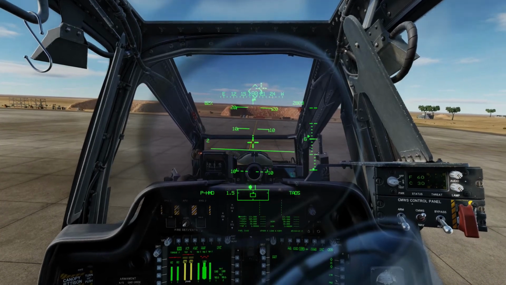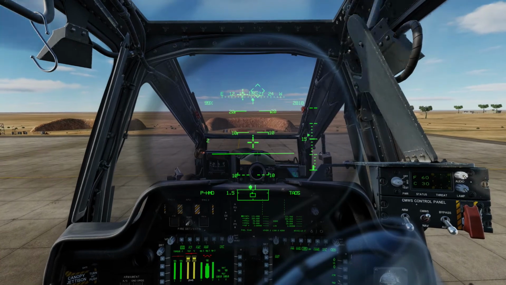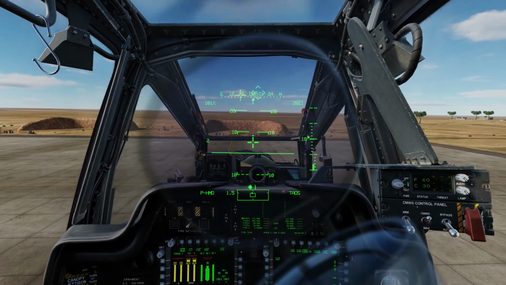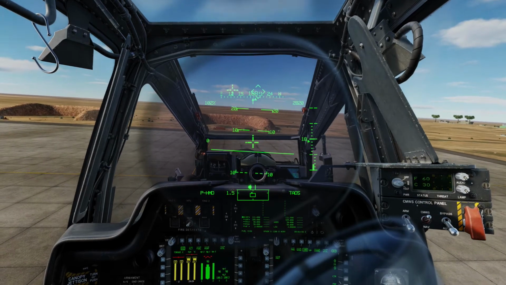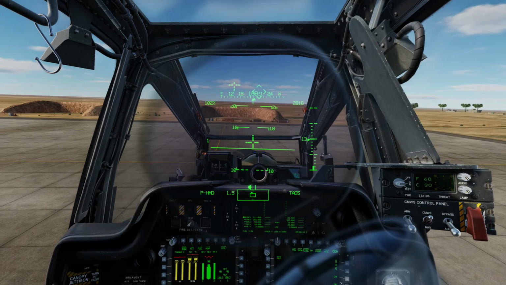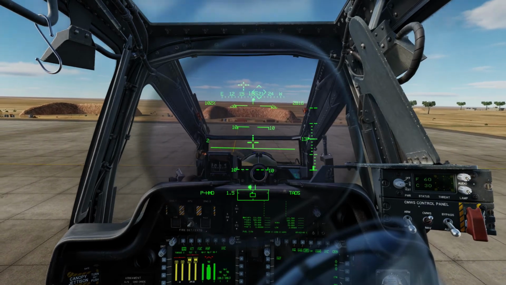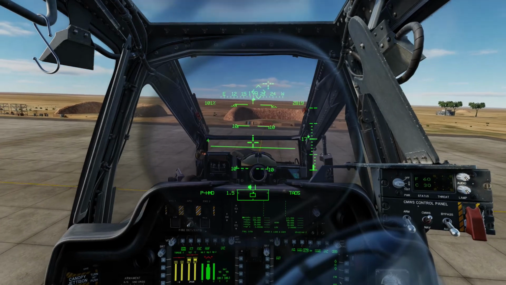Now we're going to increase. Going to max it to 100%. And as you can see, with anti-torque and with everything else, the rotors are actually slowing down. We're at 98% rotation, and we can't get outside of ground effect.